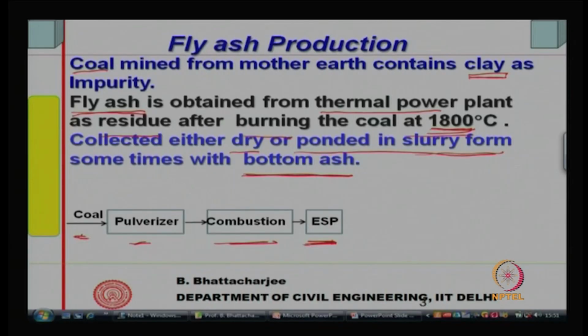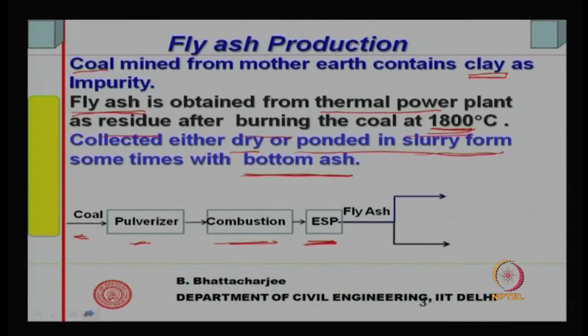So, these charged particles, when they come across those electrostatic precipitators which have electrically charged plates, are precipitated and then collected. So, they are collected in electrostatic precipitators.